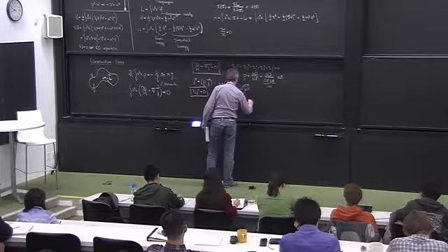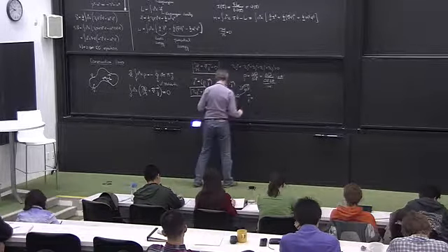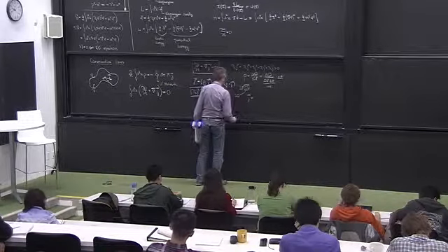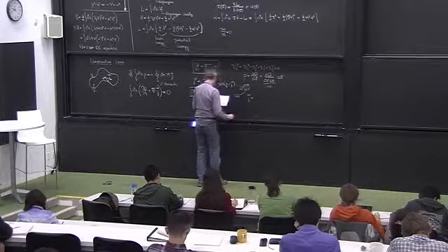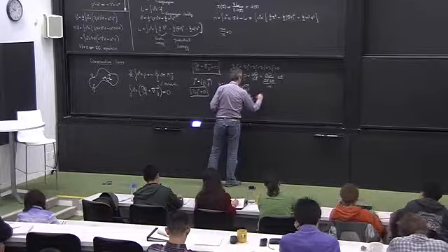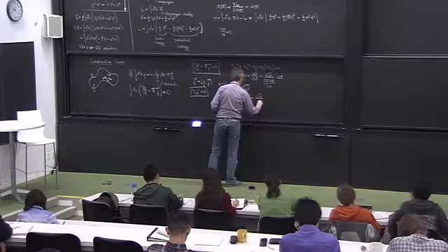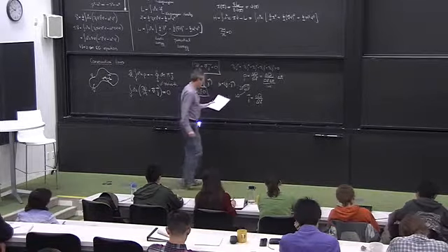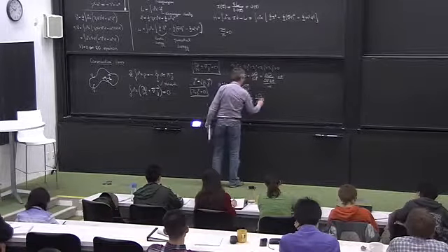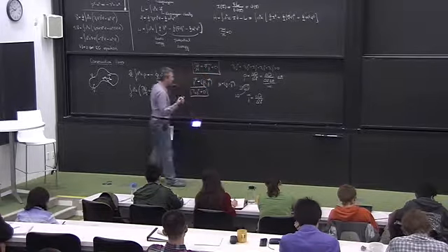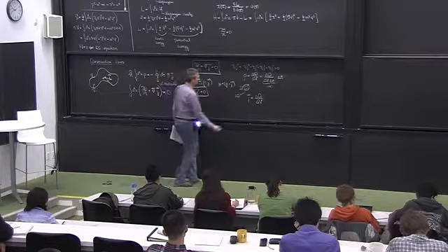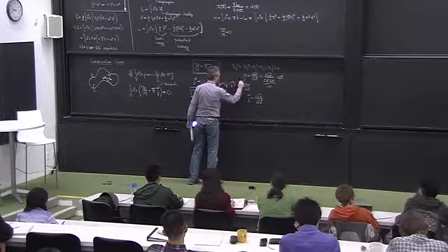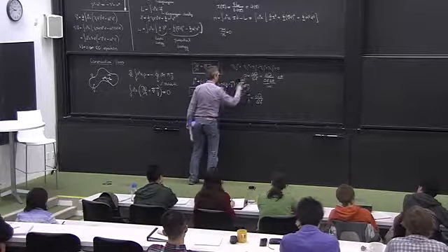Now, what is J? Again, it's proportional to the density times the local velocity of the fluid. The local velocity can be understood as the distance delta x.